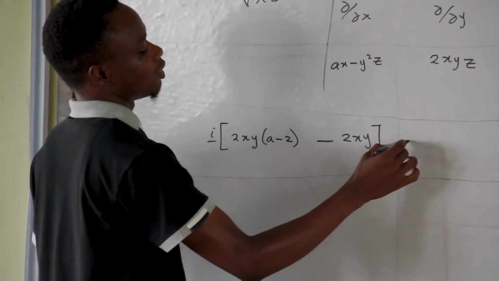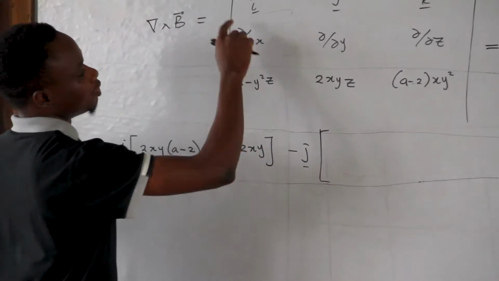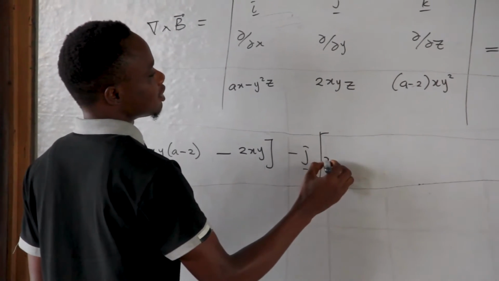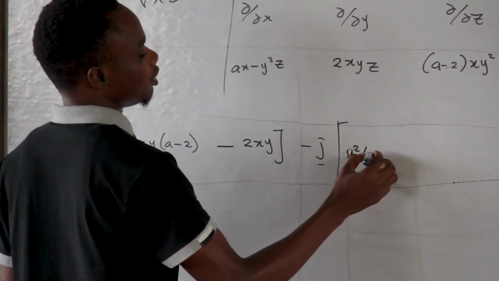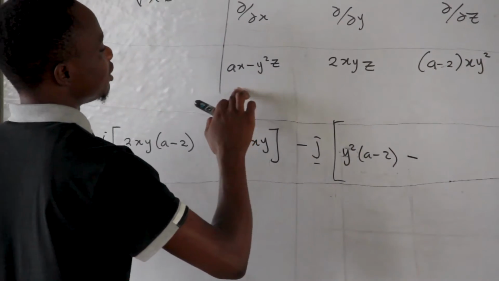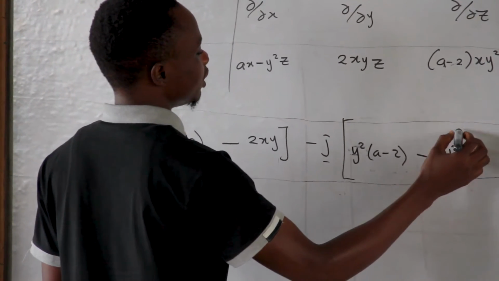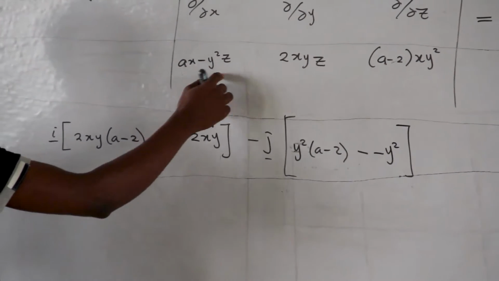And I take the next one, minus j into this. So to cancel this, we will have del/del x of this. That is going to be y squared times alpha, minus del/del z of this. This is going to be minus y squared. That makes sense. This does not carry z. Alpha is the constant.